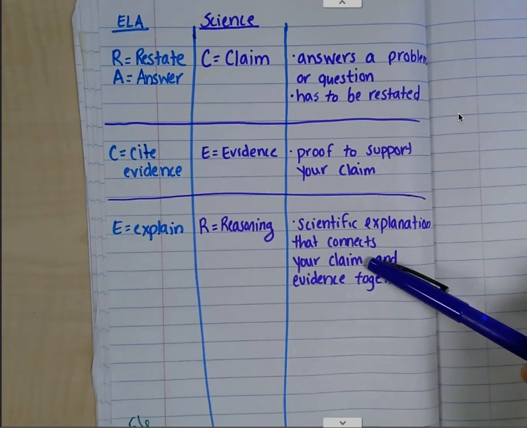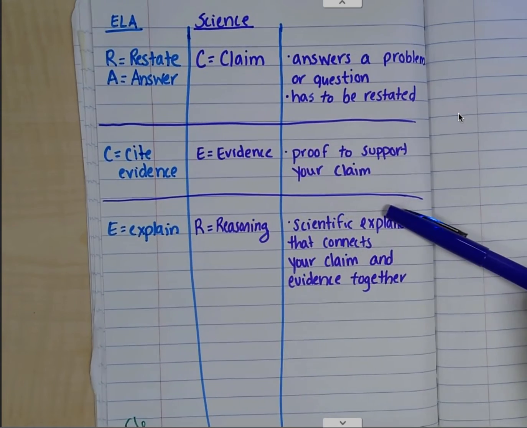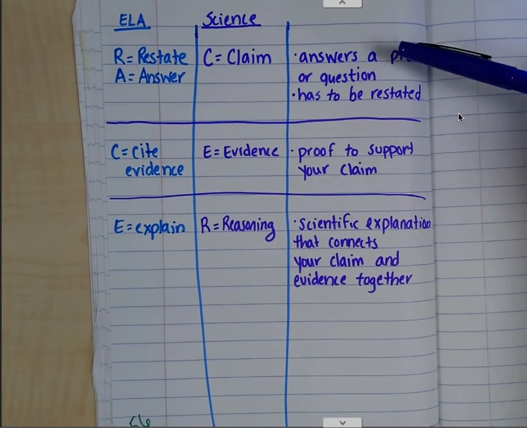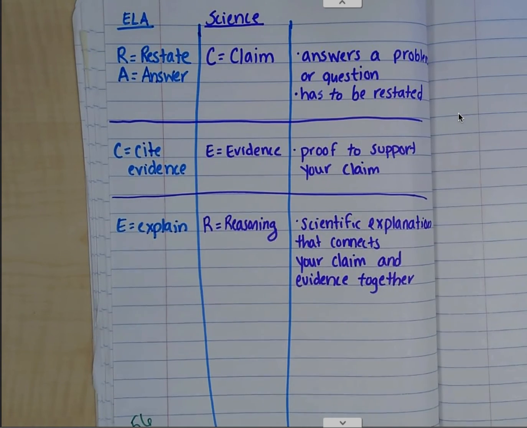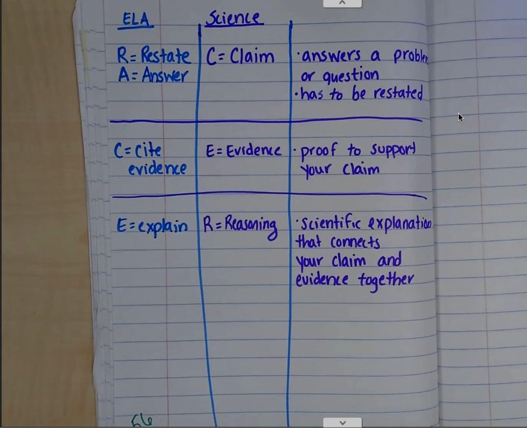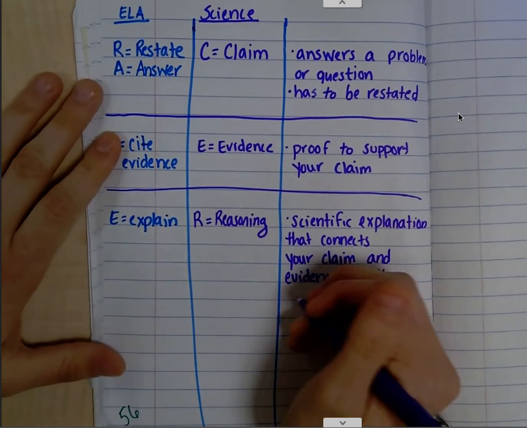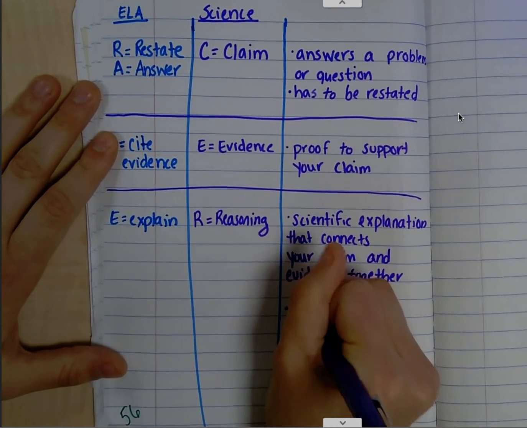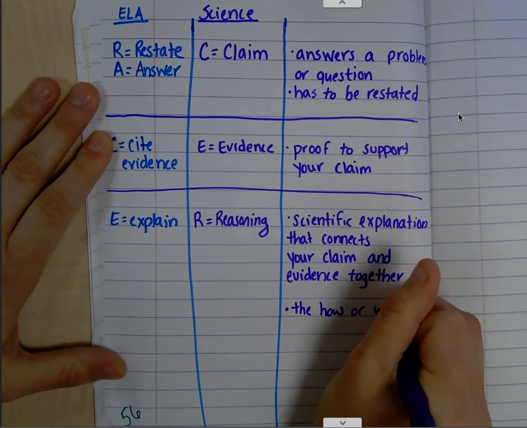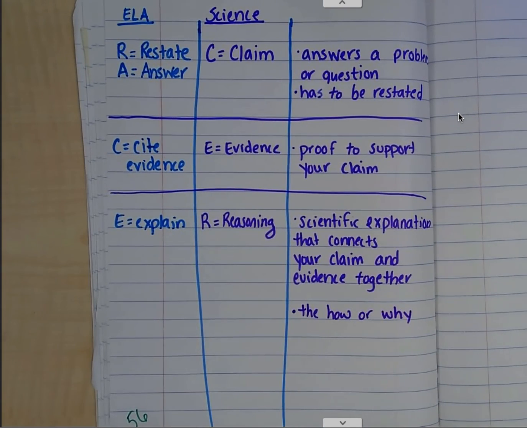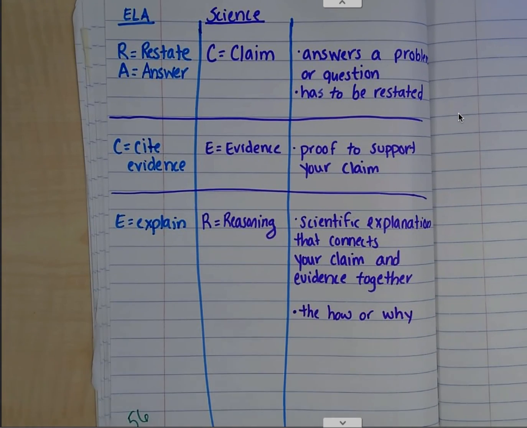And then my reasoning, my scientific explanation could be that we know omnivores eat both plants and animals, so raccoons eat both plants and animals. So you would just say omnivores eat both plants and animals. And basically it's the how or why. And we will get into this a little bit more tomorrow.